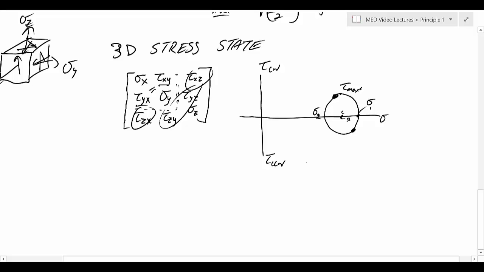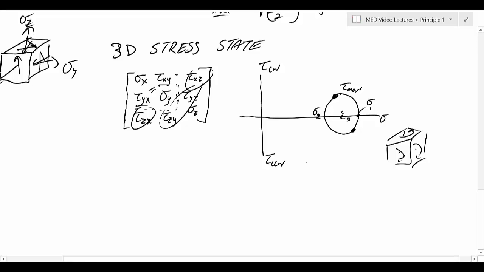Well, now we could have orientation about a different plane. So imagine this like taking our cube, and instead of spinning it about the z-axis, we could spin it about the y-axis, or spin it about the x-axis. In fact, we could spin it about combinations of the axes and have any combination of these stress states.